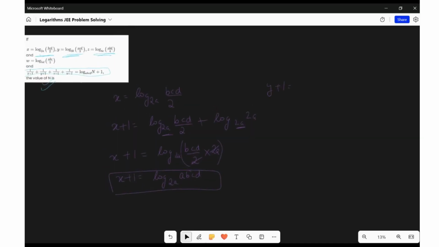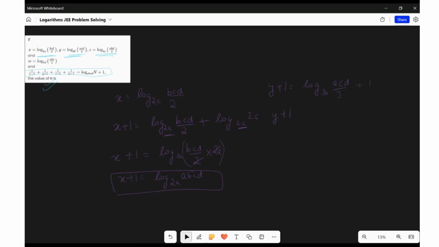So now similarly we'll find the value of y plus 1. y is log ACD by 3 base 3b. Now if we add 1, we can take 1 as log 3b base 3b.